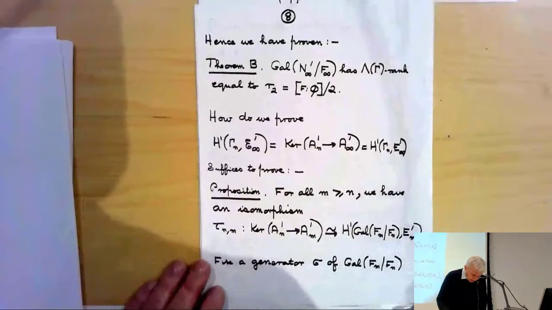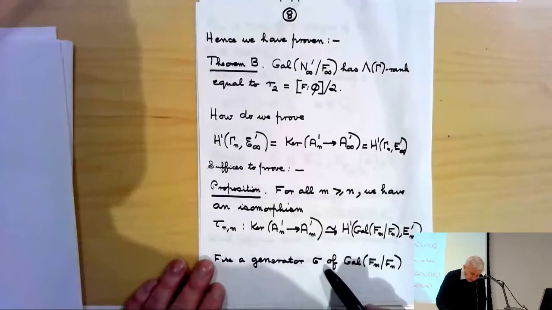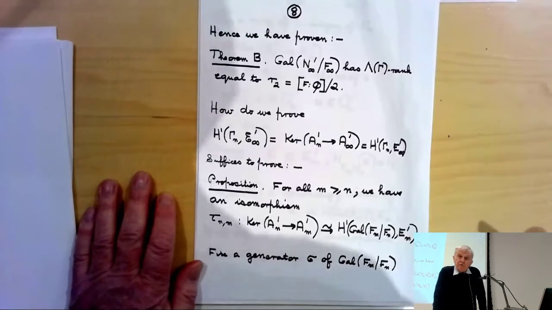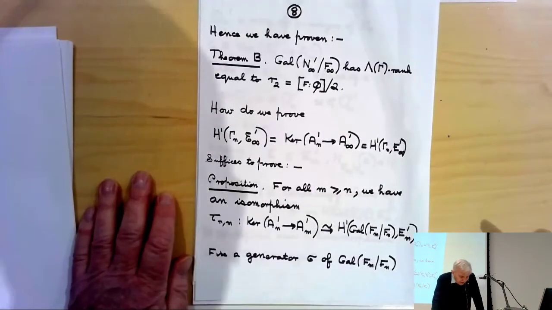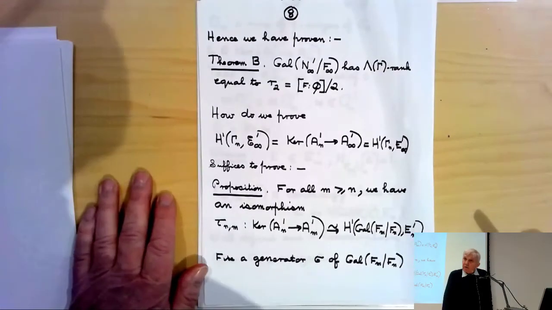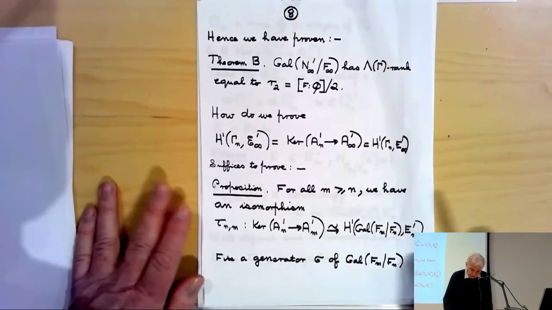So let me fix a generator sigma. So, of course, the Galois group of Fm over Fn is a cyclic group of order p to the m minus n. And so let me fix a generator sigma of this Galois group of Fm over Fn.